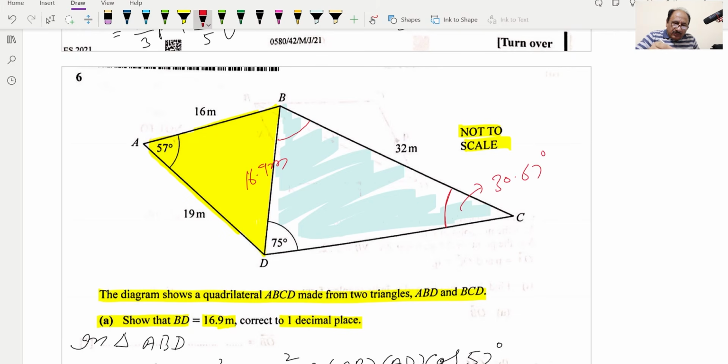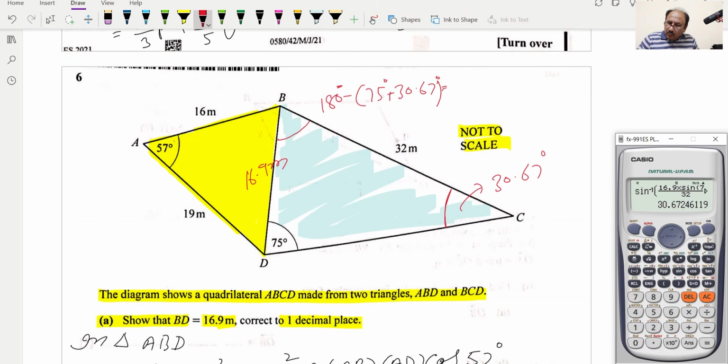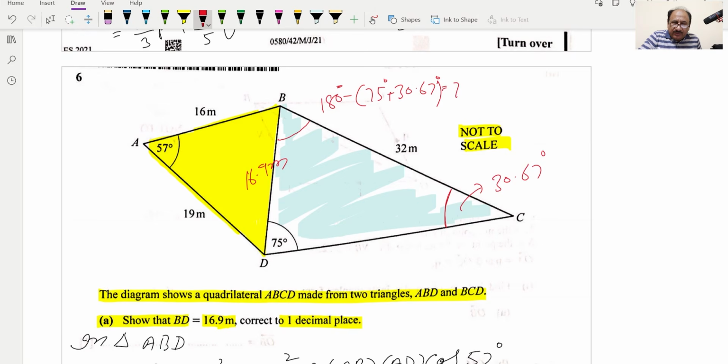Now this angle will be 180 minus 75 plus 30.67 degrees, and this will be equal to how much? So 180 minus, in bracket, 75 plus the answer, and this is equal to 74.3 degrees, which will be this angle which we have found, which was required.